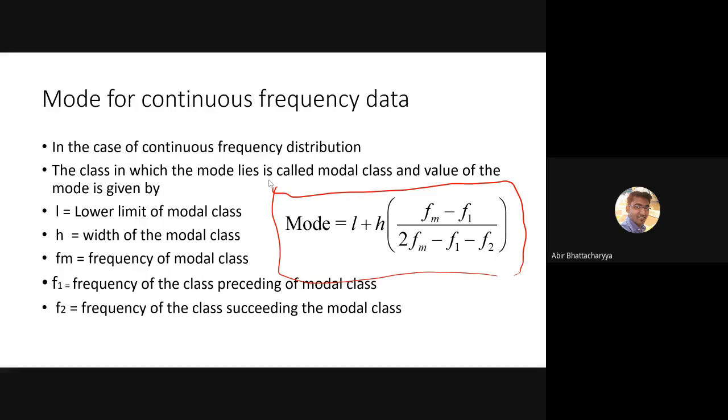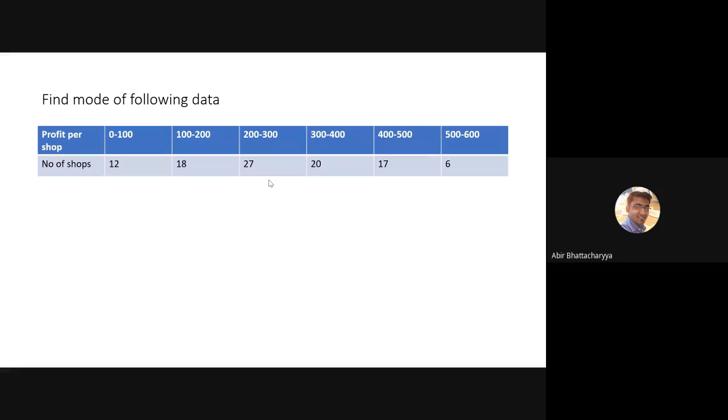Okay, all right. Let's go for some problems. Here we have to find the mode of the following data set. The profit per shop is given to you, and the number of shops is also given. So 0 to 100 is a profit class, which means there are 12 shops whose profits are 0 to 100. 100 to 200 has 18 shops, and so on.